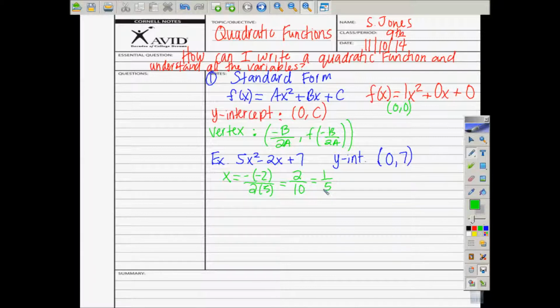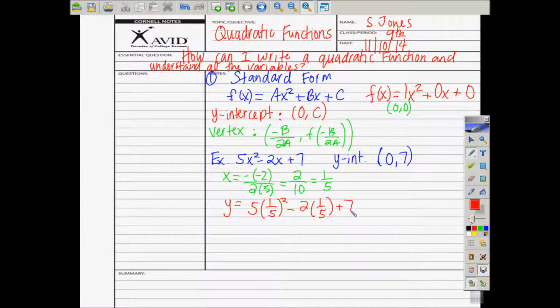So my x is 1/5. So once I know my x, I can plug in and solve for my y. So to find y equals, wherever x is, I'm plugging in 1/5. So 5 times 1/5 squared minus 2 times 1/5 plus 7.